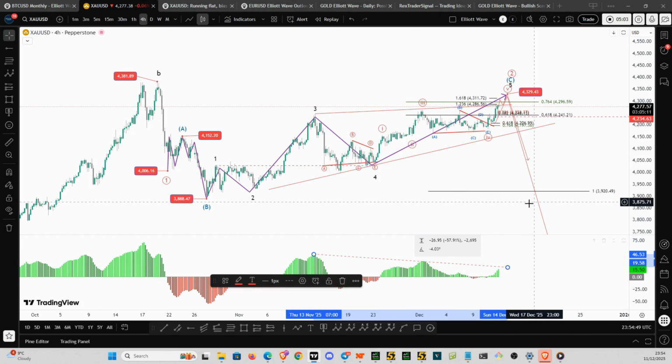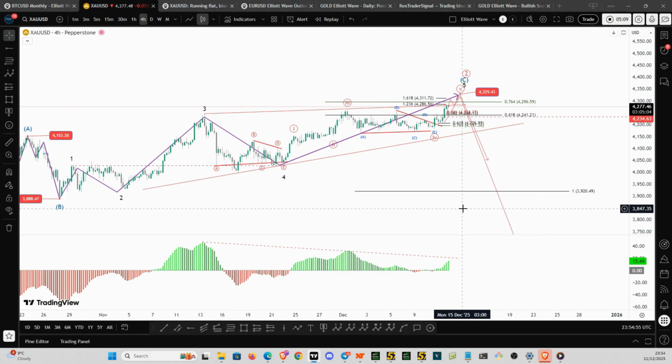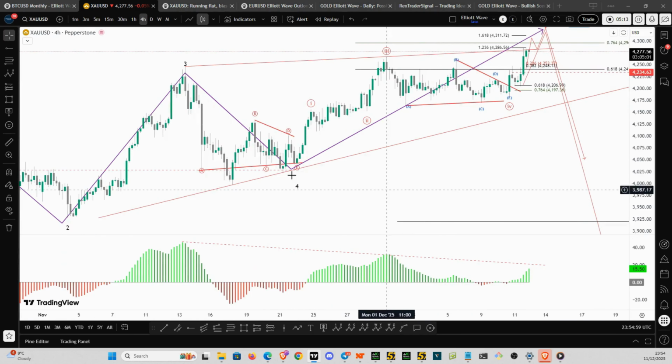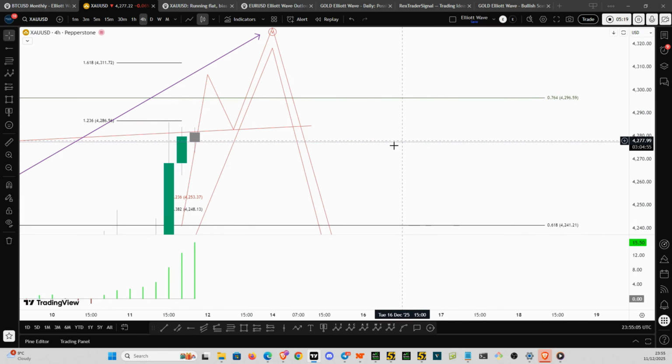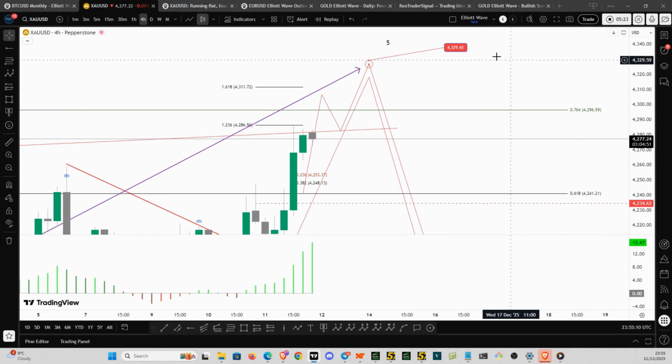For confirmation that wave 2 of C is complete, there are two things to look for. First, a test or brief spike into the 4,296 area, potentially tagging or slightly exceeding that 4,329 high you can see marked on the chart.